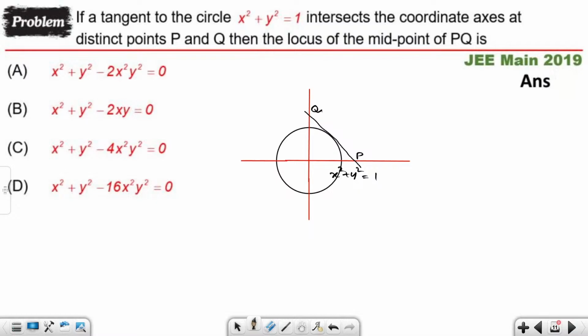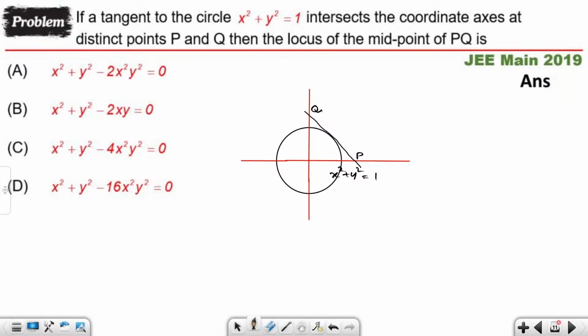The circle is x square plus y square equals 1. That is, its center is at the origin and radius is 1 unit. Now this tangent is intersecting the coordinate axes at P and Q. We have to find out the locus of its midpoint.